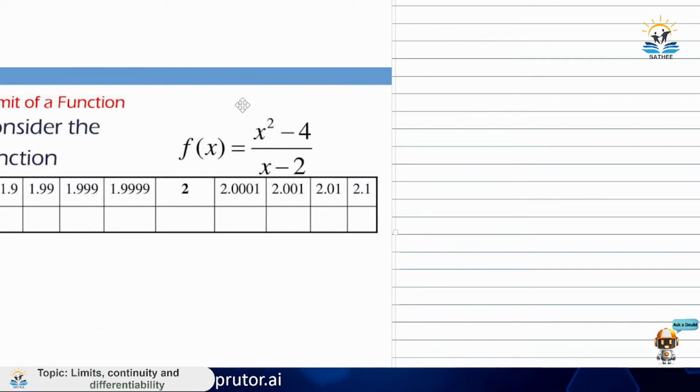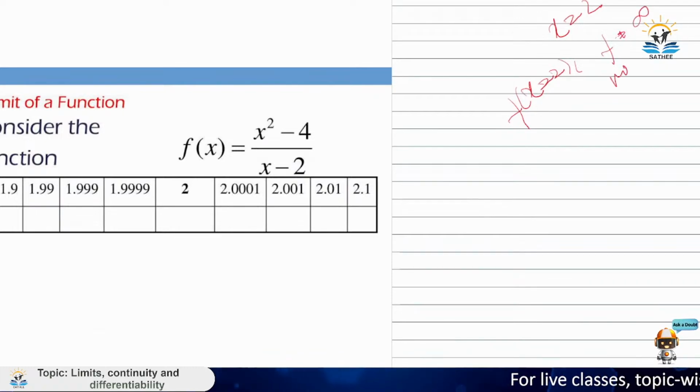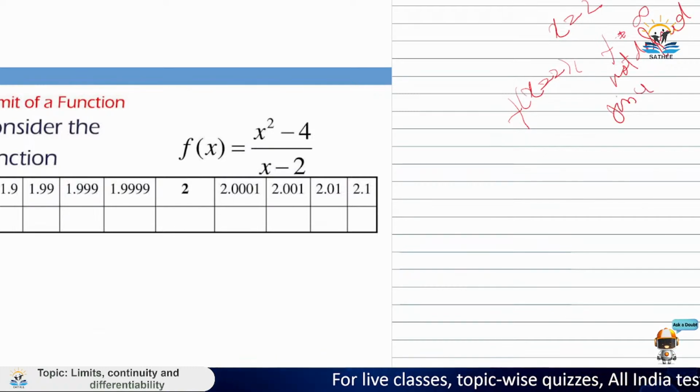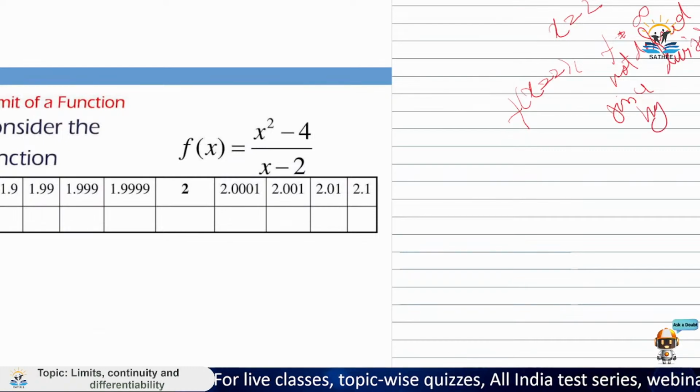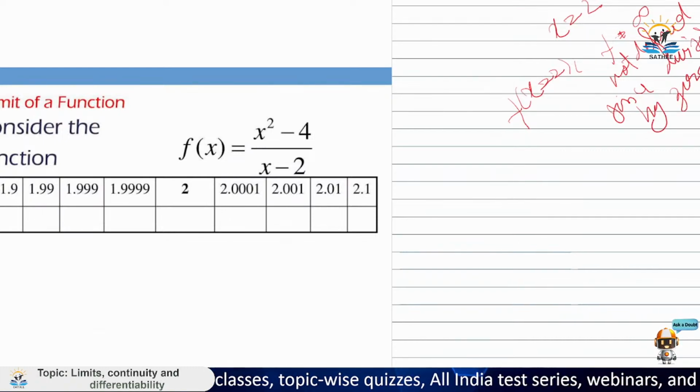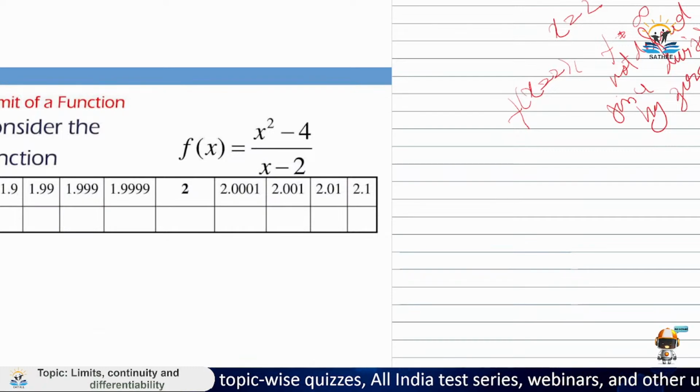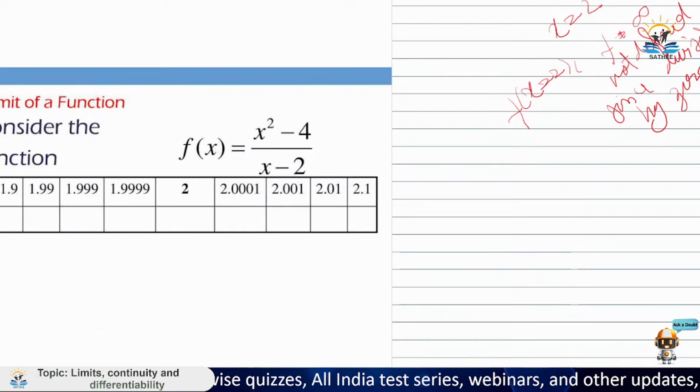If we put x equals 2 in the function, f of x goes to infinity or is not defined, since we are dividing the whole function by 0, and division by 0 is not allowed. So we'll try to find the limit of it. Why do we have to find the limit? Because the function is not defined at that point.